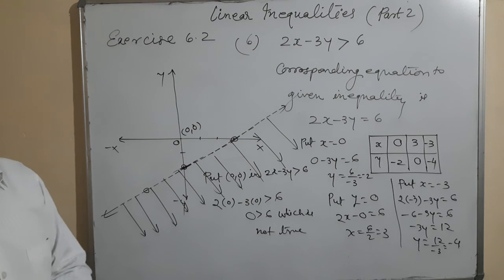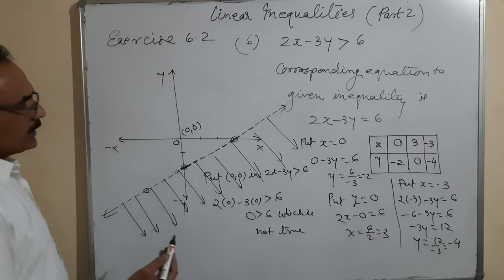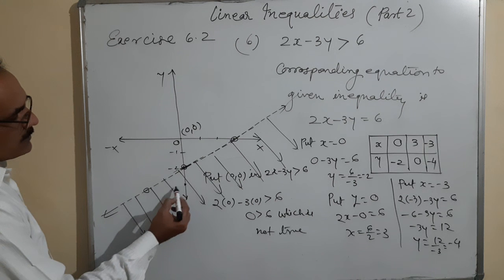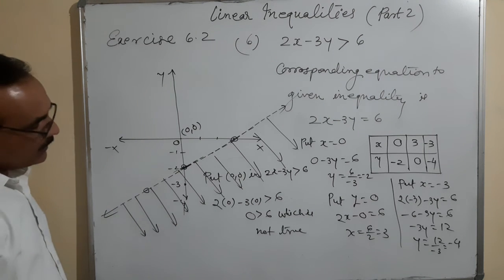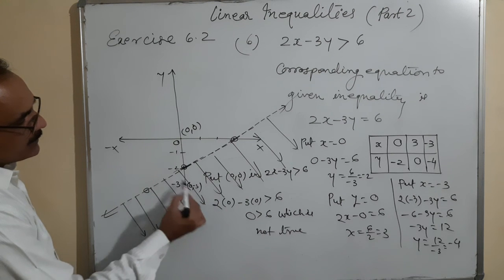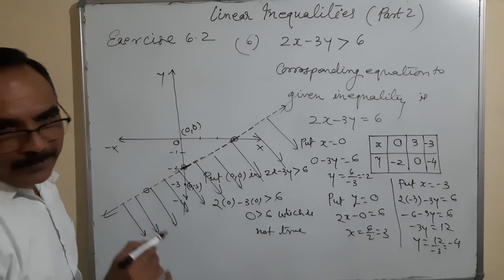If you want to check why it is the representative and why it is not representative, let us take another example. Let me clear it for you. It is -1, -2, and suppose -3 is coming here. What is the coordinate of this point? 0, -3.